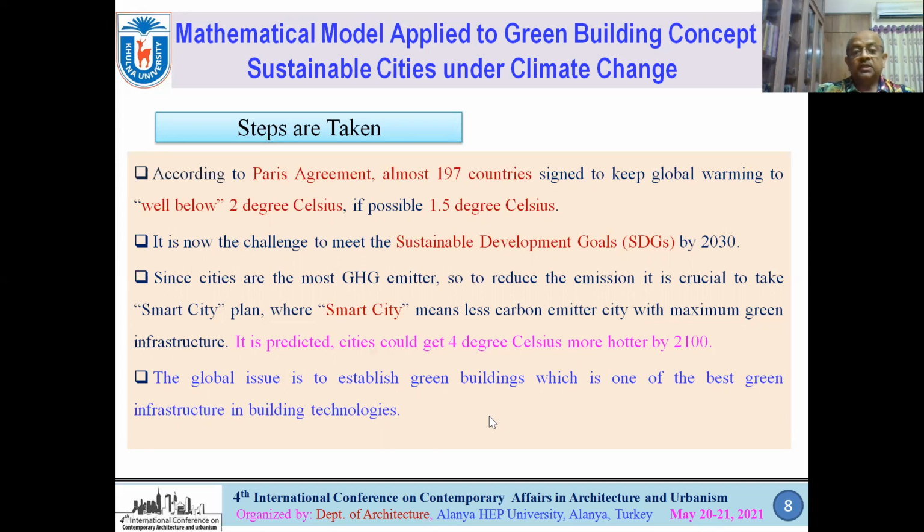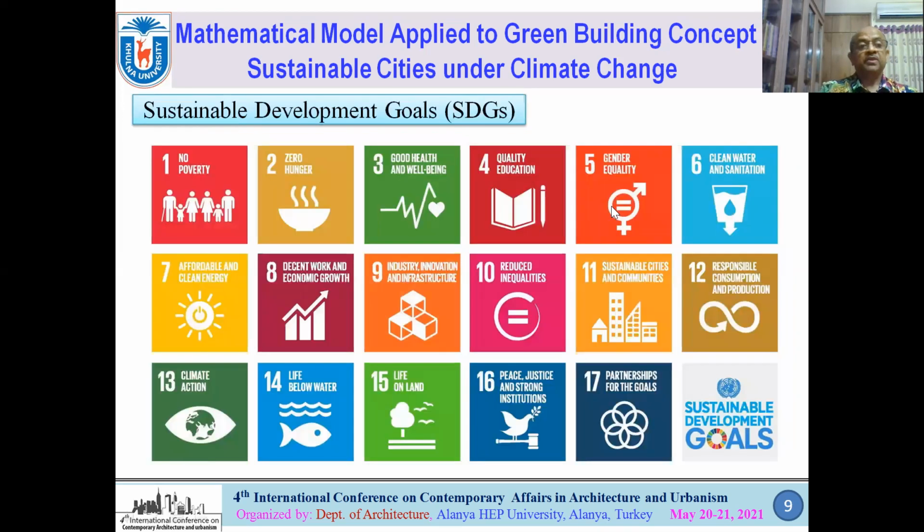So this is the best and even the important technological way to build this green building concept, green building idea for sustainable cities for our future generation.